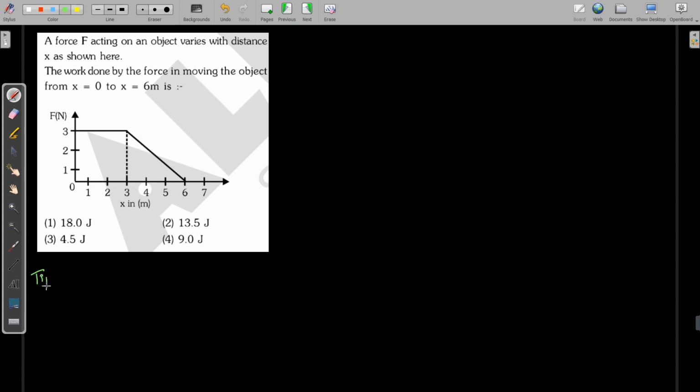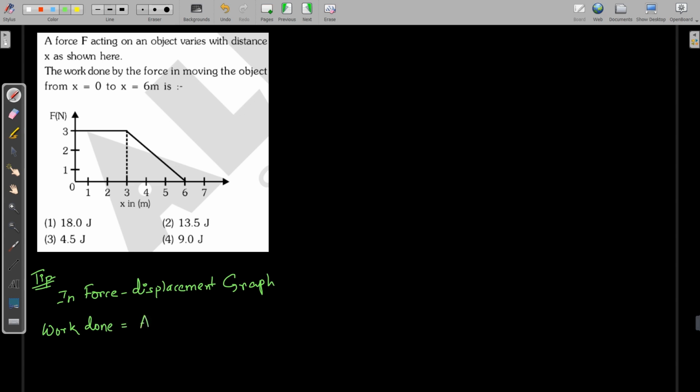What is the tip here? The tip is that work done in a force displacement graph is equal to the area under the curve. What is a force displacement graph? We can see here, this is a force displacement graph.